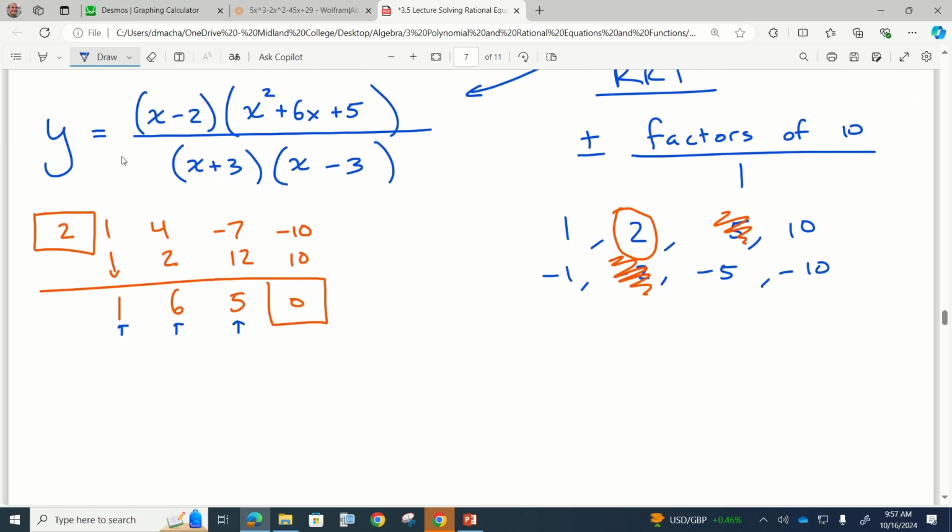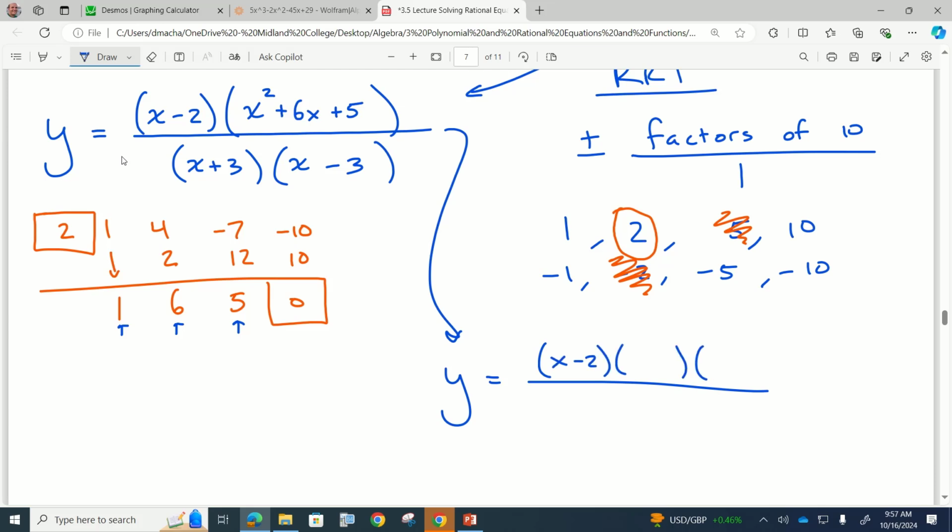All right, so it's not in completely factored form yet. To finish factoring this, I would have to factor the quadratic part. And how does that quadratic part factor?